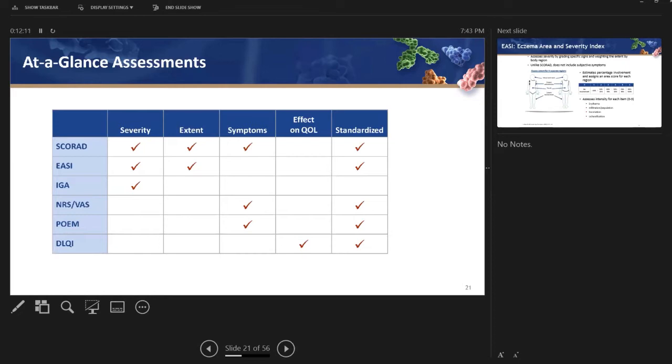We have the numeric rating scale, which is an itch score, POEM score, which is the Patient-Oriented Eczema Measure, and the DLQI, which is the Dermatology Life Quality Index. Sometimes the insurance company asks for 2 or 3 of those scores, and our life gets miserable.